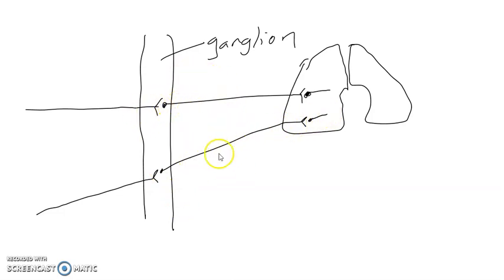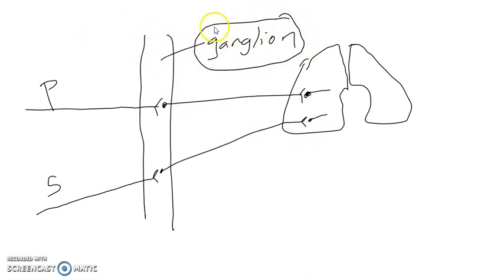But just try to imagine that one is parasympathetic and one is sympathetic. So if it acts on the ganglion, what we're going to see is opposing effects. So if you have action on the ganglion, it's going to be problematic.